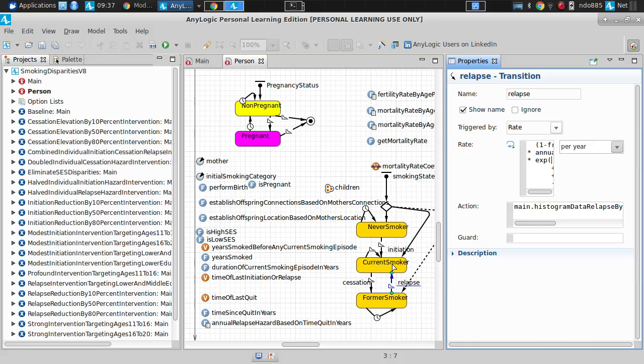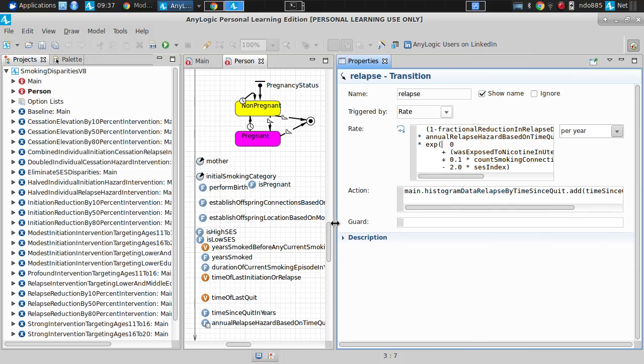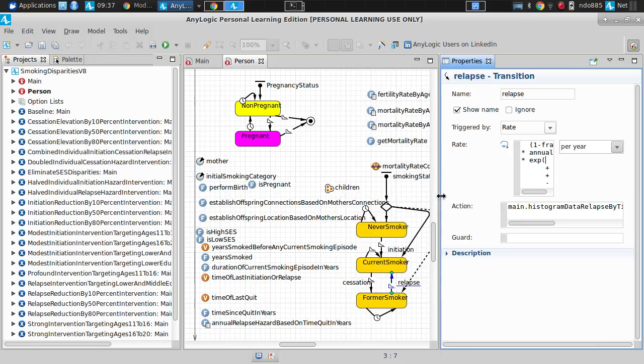So these transitions and states indicate, with respect to smoking, what are the different states someone could be in. And then a person's going to evolve from one state to the other over time. They're going to go from being a current smoker to being a quit smoker, a former smoker. And then they're going to come back to being a current smoker, potentially through relapse. And the chance that they will relapse will vary based on how long they've been quit.